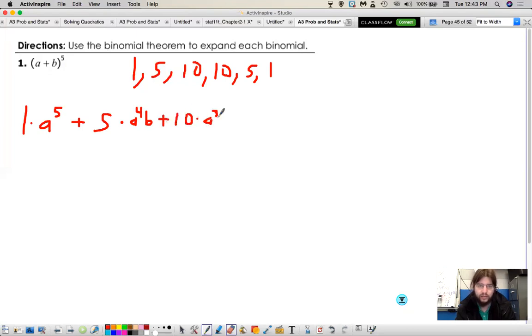Reduce a by 1, increase b by 1. Same thing. And finally, I've got 1b to the 5th.